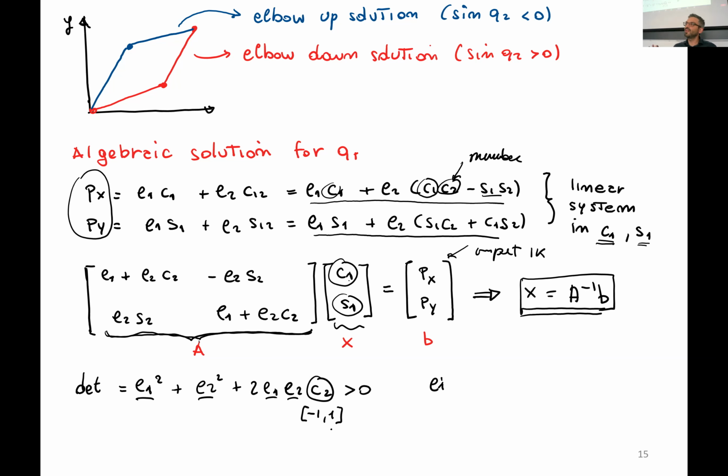We can also change the link length. We didn't say that the link lengths should be different. So what if I set the link lengths equal and Q2 equal to minus pi? You remember this is a singular configuration.